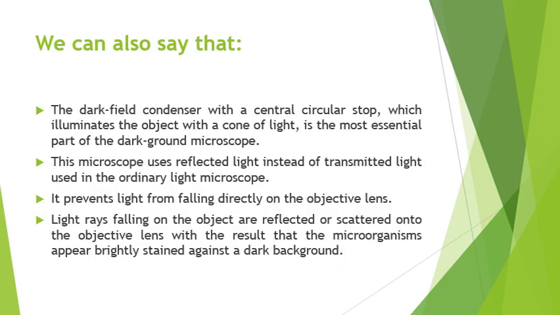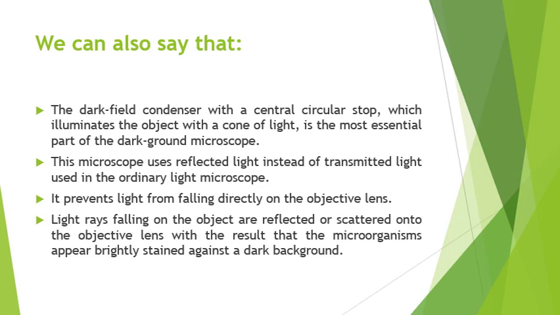So briefly we can say that the dark field condenser has a central circular stop which illuminates the object with a cone of light, and this cone is produced due to diffraction, refraction or reflection. It is the most essential part of the dark ground microscope.